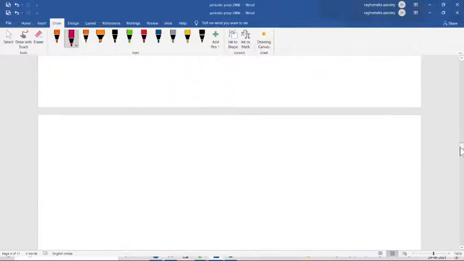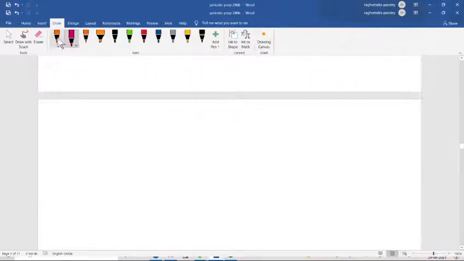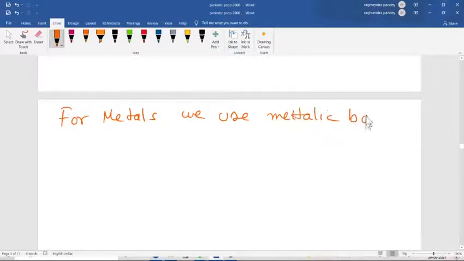Now there are metals also. For metals, because there is no covalent bond, we use the metallic bond or metallic crystal to measure the radius.